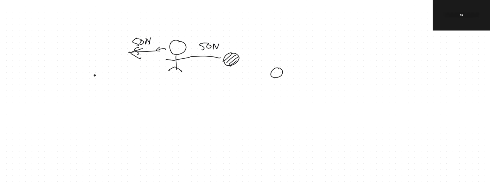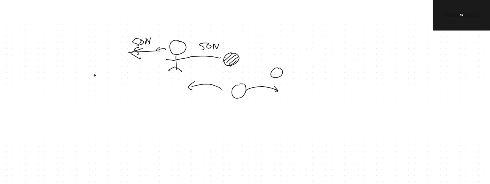Suppose an astronaut in space wants to move towards the west, then he should throw the ball in the east because there is a complete vacuum.